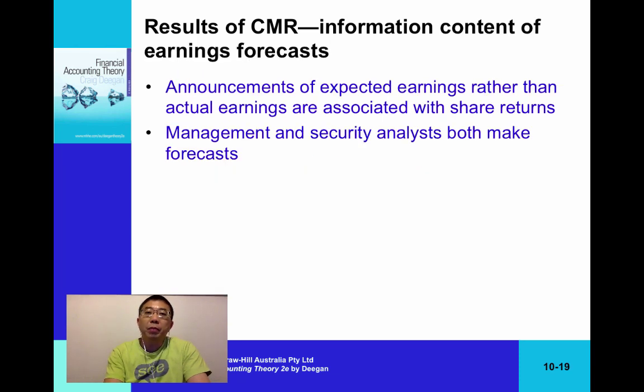The other group of results is whether the information content that was relevant was actually actual earnings, or could it be also forecast earnings? Because in some markets, especially in America, the profit forecasts, the earnings forecasts, are very much followed by investors, by stockbrokers, by analysts.